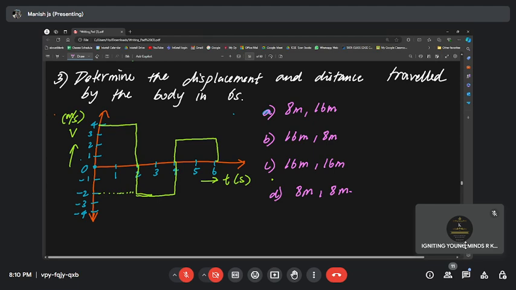Now you tell me, how do you find the displacement and distance traveled from the velocity time graph given here? By using the concept of slope, just think whether you will be able to find out what the slope of a velocity time graph gives you. Try to analyze like that.